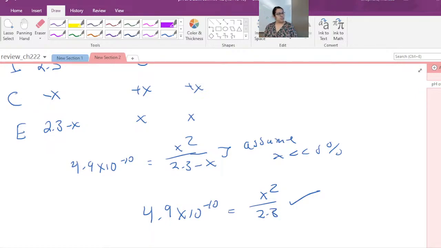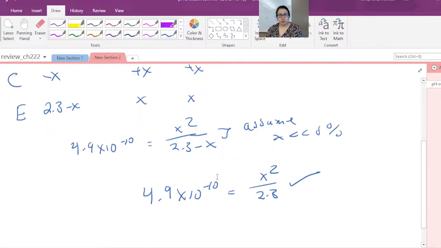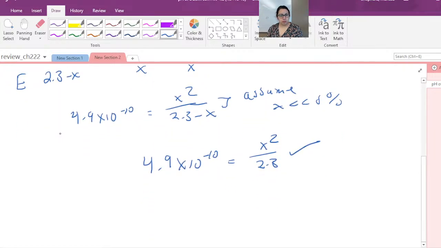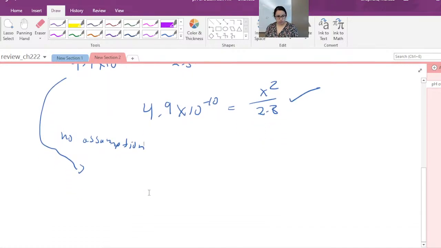Okay. Well, then when I multiply those, I have x squared is 1.127 times 10 to the negative 9, minus the 4.9 times 10 to the negative 10 x. And then adding it all to the one side.